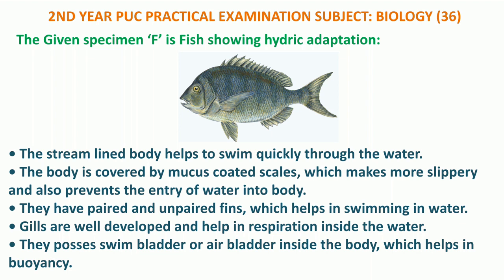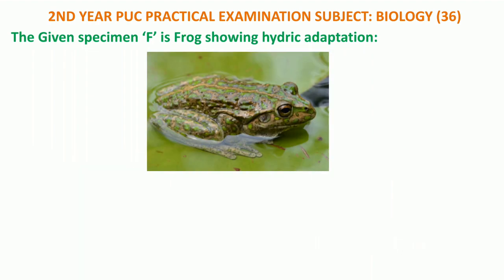They have paired and unpaired fins which help in swimming in water. Gills are well developed and help in respiration inside the water. They possess a swim bladder or air bladder inside the body which helps in buoyancy. So out of these points, you can write any 2 points as an answer.